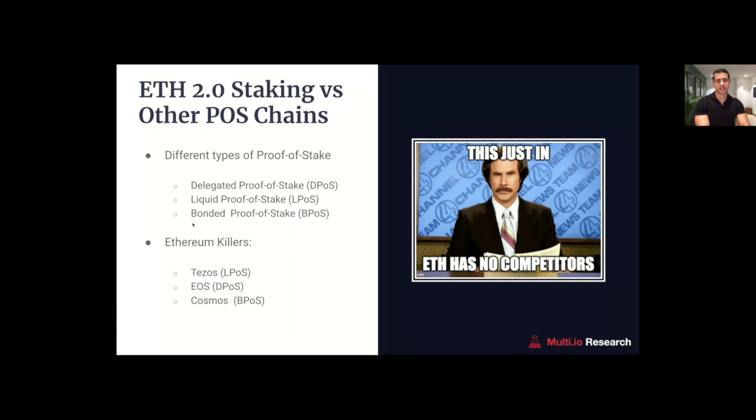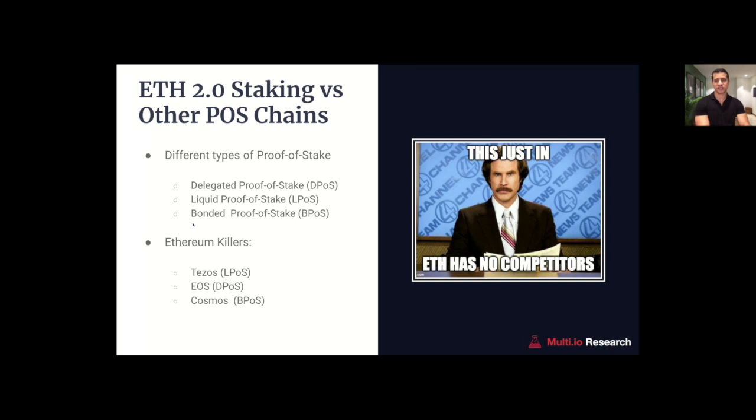Now let's look at Ethereum 2.0 staking versus other proof of stake chains. There are many different versions of proof of stake, but three are the most popular right now: delegated proof of stake, liquid proof of stake, and bonded proof of stake. Over the years, we've seen proof of stake blockchains raise 30 to 300 times more money than the original Ethereum ICO.